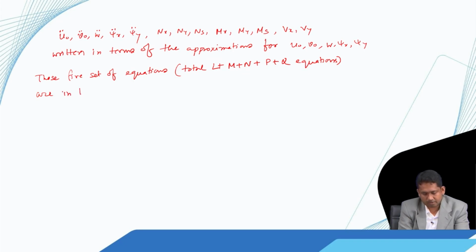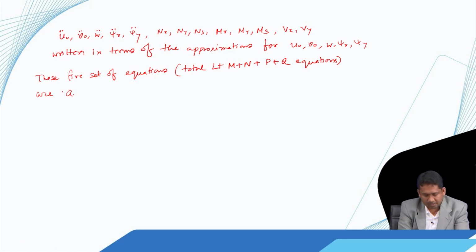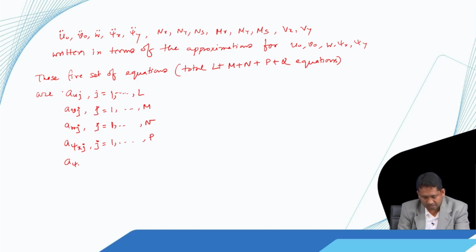have A u j with j going from 1 to L, A v j with j going from 1 to M, A w j with j going from 1 to N, and A psi x j with j going from 1 to P, and A psi y j with j going from 1 to Q. So, these equations have these as unknowns.